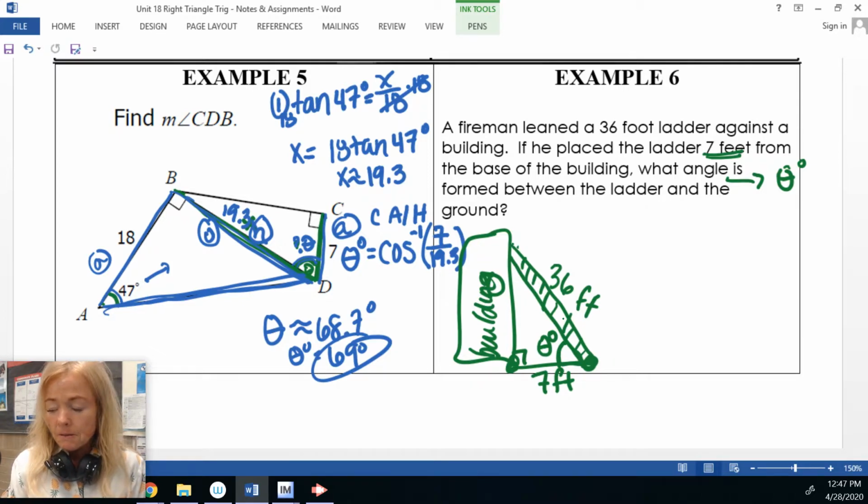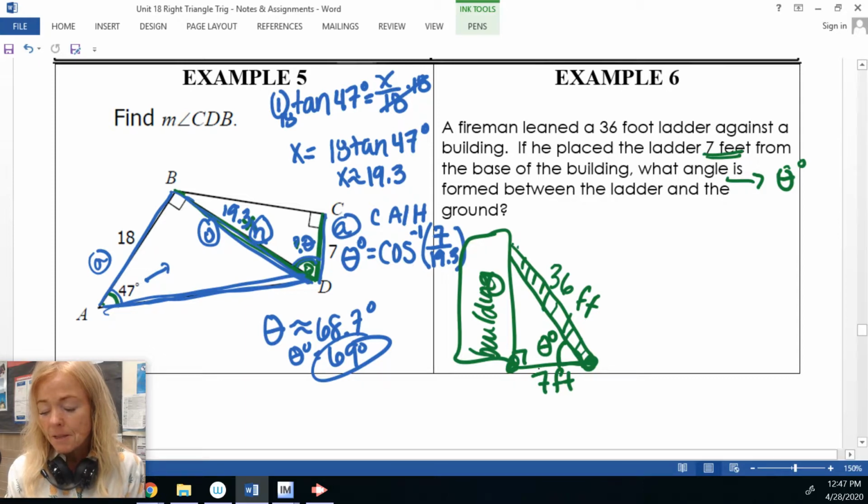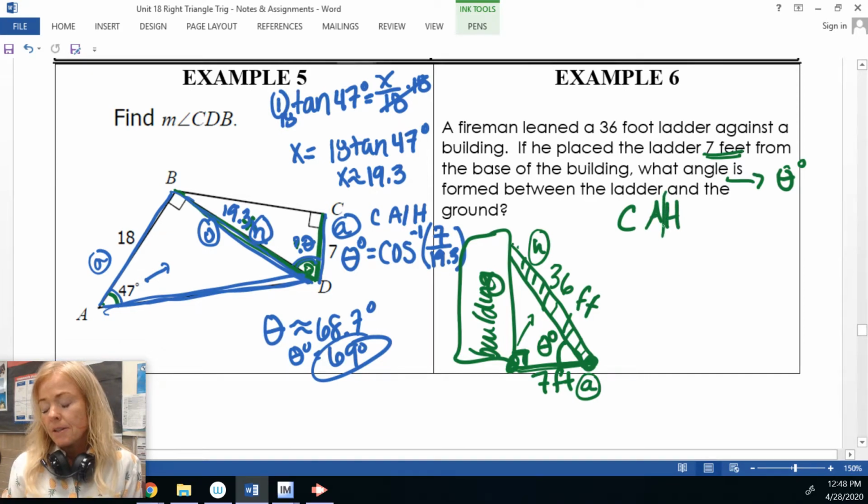So first thing we're going to do is label sides. This side runs right into the angle, and it's one of the legs that form the 90-degree angle, so it's going to be adjacent. This side is right across from the hypotenuse, so it's hypotenuse. Okay, so you have an A and an H. A and an H is cosine. Adjacent divided by hypotenuse.